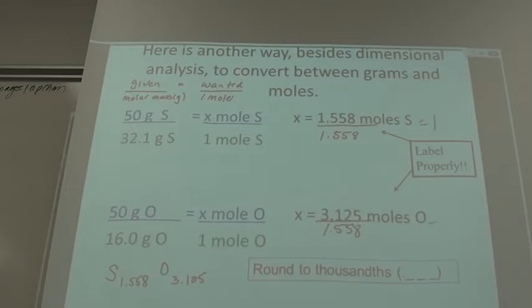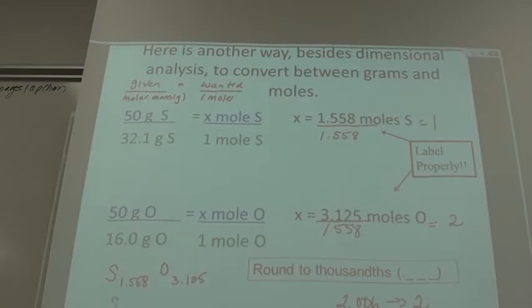Sam, what is this one? 2.006. Which is a whole number that we'll call 2. 2.006 is what your calculator spit out. We know that is really close to 2. So instead of having this number, I divided everything by the smallest.